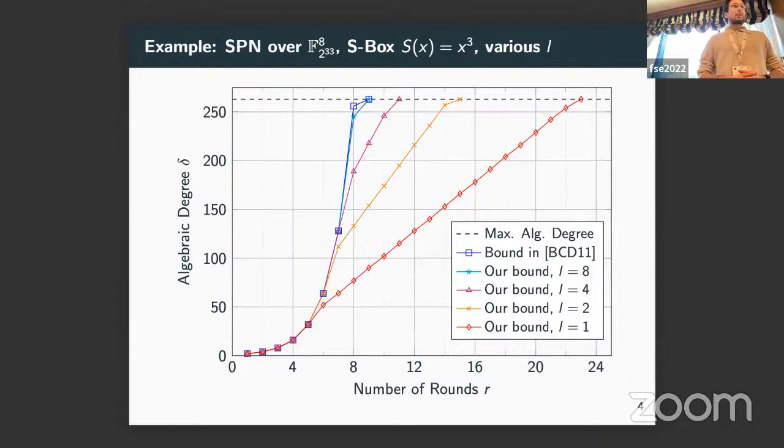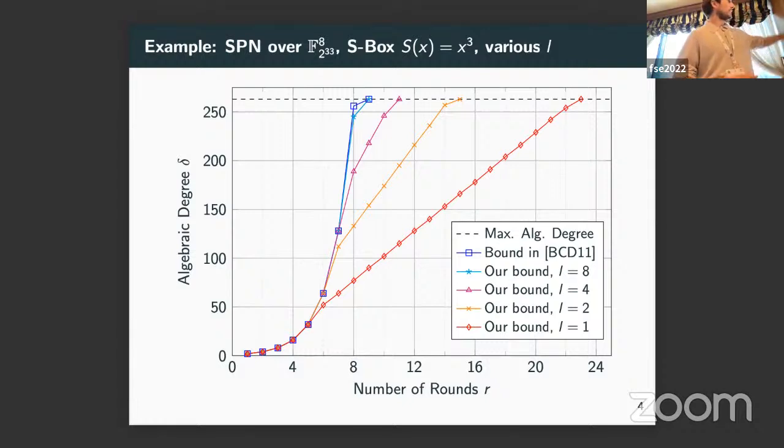If you'd ask me about a visualization of our results, I'd probably answer with this slide. The diagram on this slide shows several bounds on the algebraic degree for an SPN here with 8 words, and each word is operating over F2 to the 33. The S-box function here is the cubic function, and the degree of the linear layer here ranges from 1 to 8.